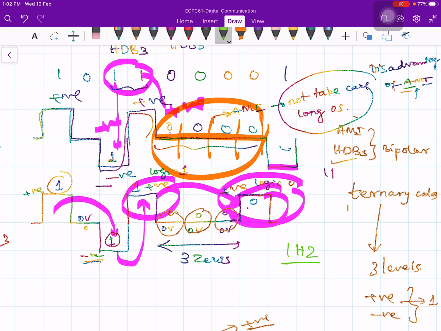Whereas in digital transmission, it is absolutely crucial, and there is nothing we can do about it except to make sure that you satisfy the requirement. So somehow we need to design a code such that there should be some transition even when you get zeros also, even when you get long string of zeros also.